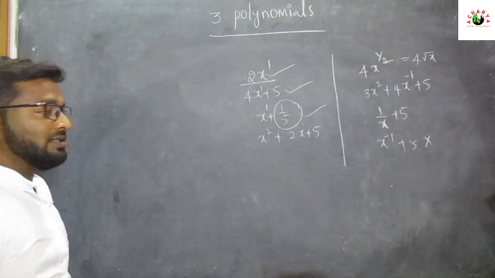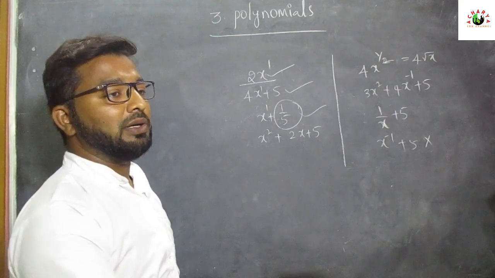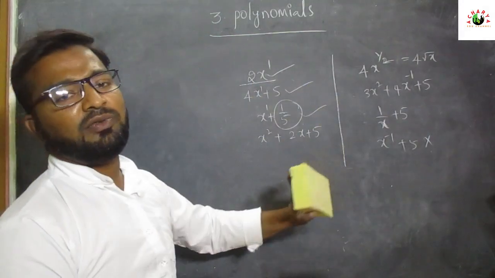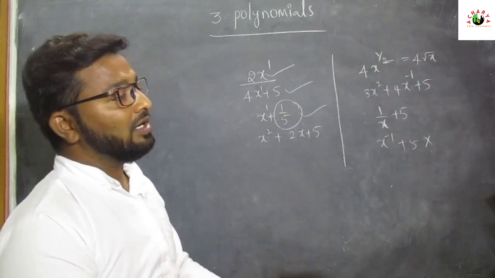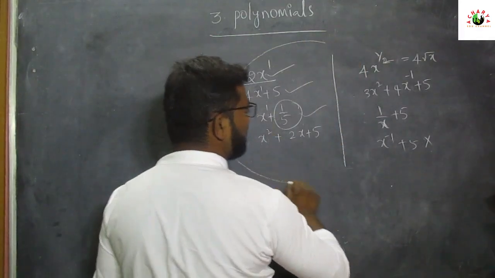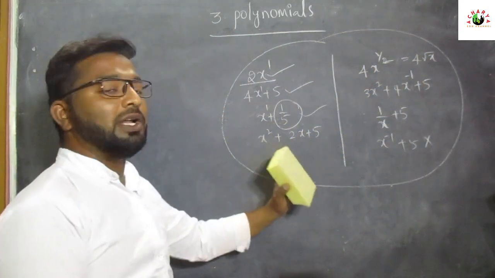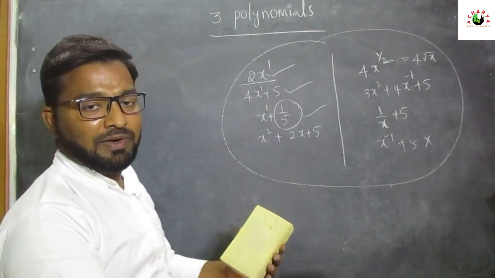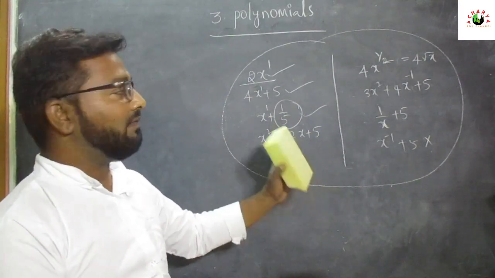Now one more question: what is the difference between an algebraic expression and a polynomial? For an algebraic expression there is no condition. Whether the power is negative or positive, fraction or not, it is not a problem; these are all algebraic expressions. But for a polynomial we have some rules: the power must be a non-negative integer and the variable must not be in the denominator.